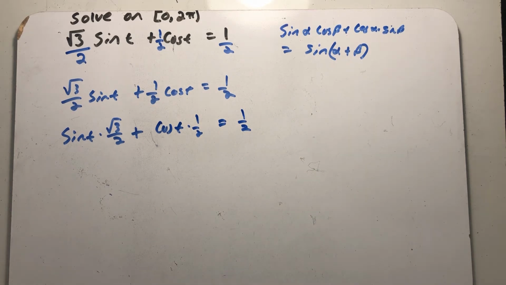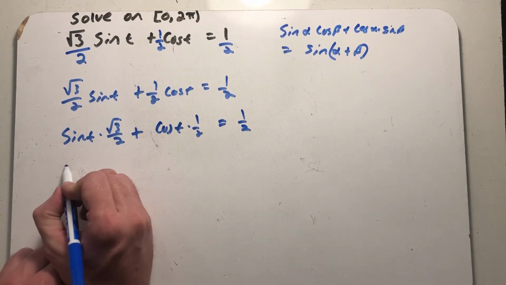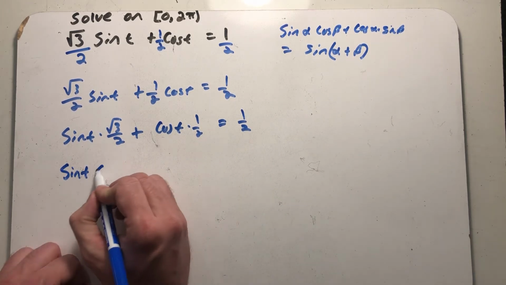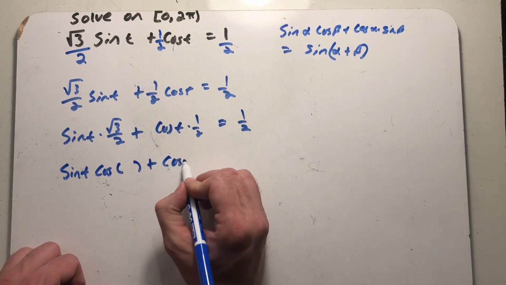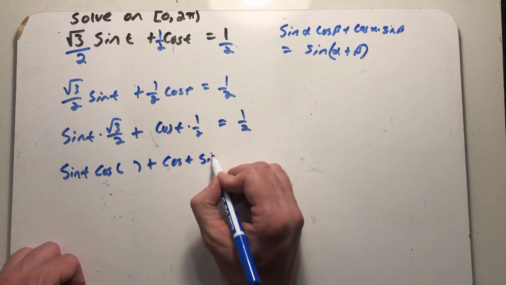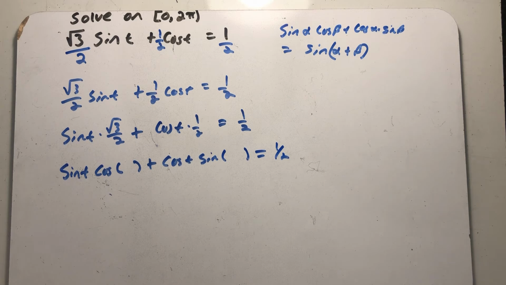And I'm looking for values of t that make that true. Well, think about the values of root 3 over 2 and 1/2. Well, those are values on my unit circle. So I'm going to replace them with the cosine and sine of an angle that happen to have those values.